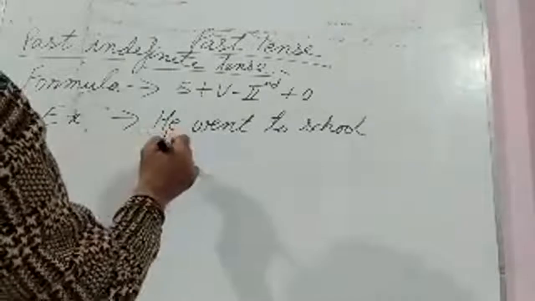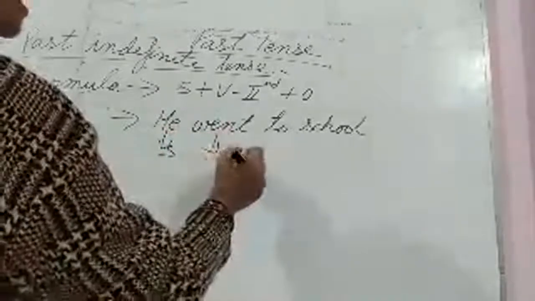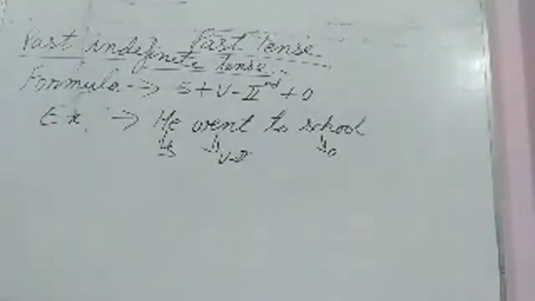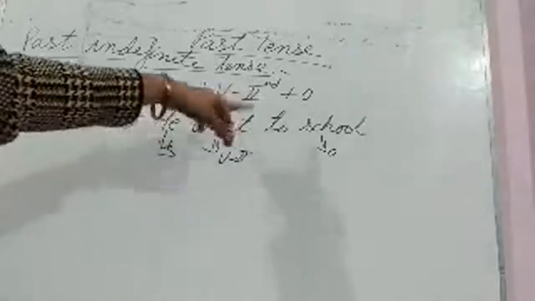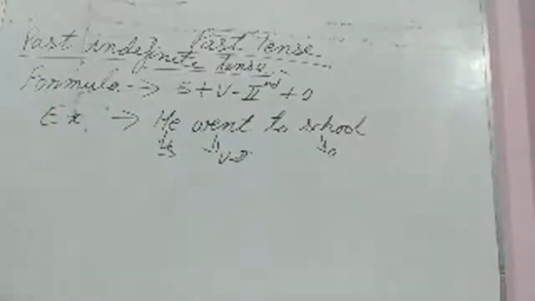The example is, he went to school. So here he is the subject, went is the verb of the second form, and school is your object. So according to the formula, subject plus verb of second form plus object, he went to school.